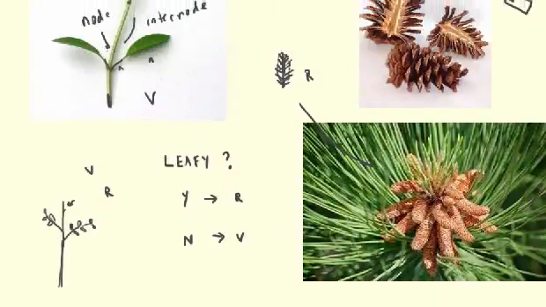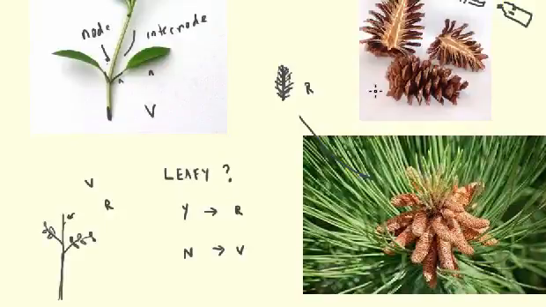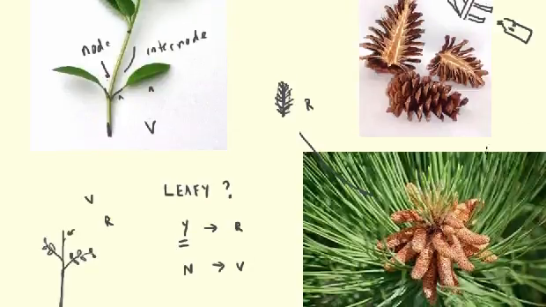Now, some of you might be thinking, well, what's going to determine what? Let's say we do have yes here. Okay. So let's say we do have the decision that we're going to be developing as a reproductive branch. Then the question goes, are we going to become male? In other words, are we going to be producing staminate cones like these guys down here?